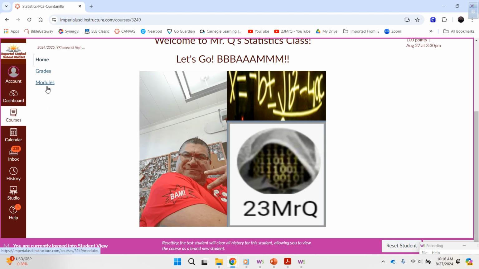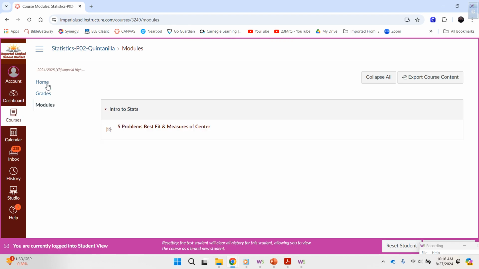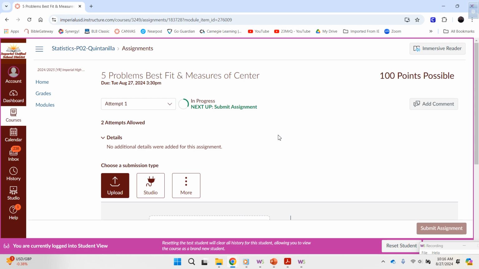Go to the top left and click where it says modules. It says intro to stats. We're covering foundational stuff there, and there's our first assignment. Click on that. Take a picture and submit your home plate right there.